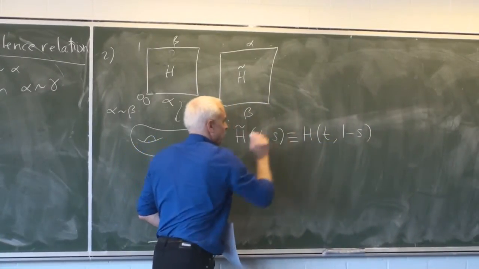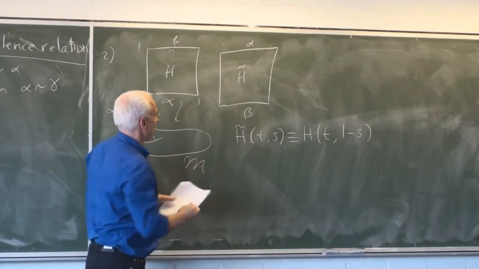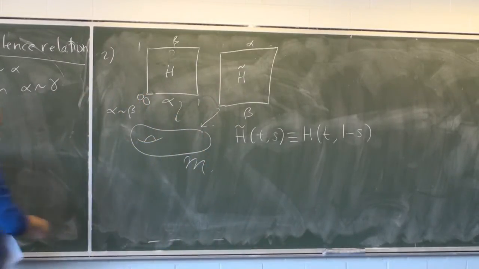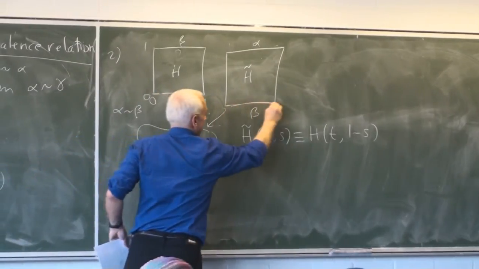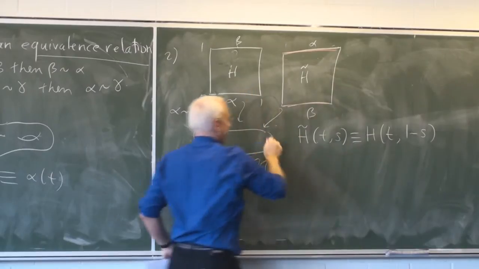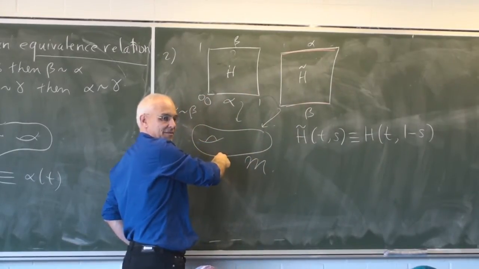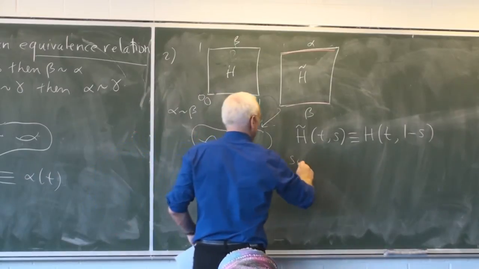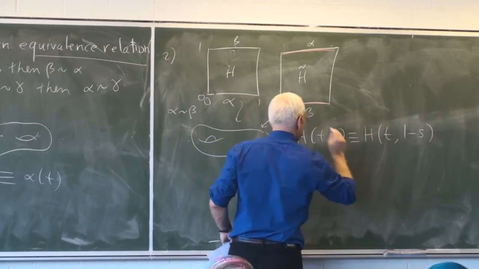So that can be a definition of the homotopy H tilde. And then that is going to have the property that when you start down here, you're getting beta. And when you arrive up there, you're getting alpha. So that's a homotopy then from beta to alpha.